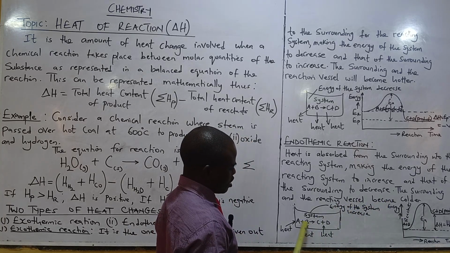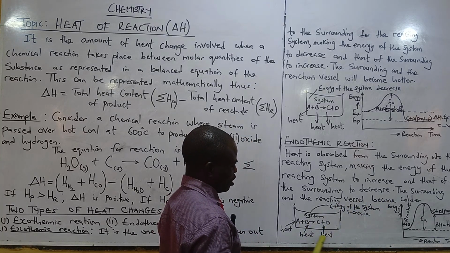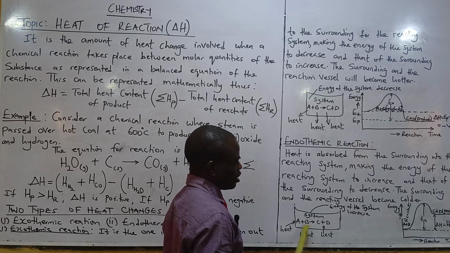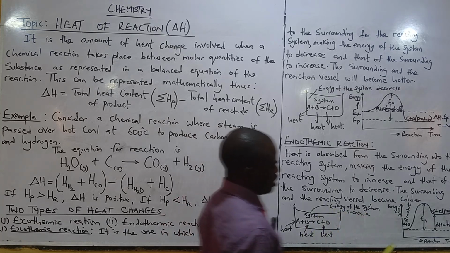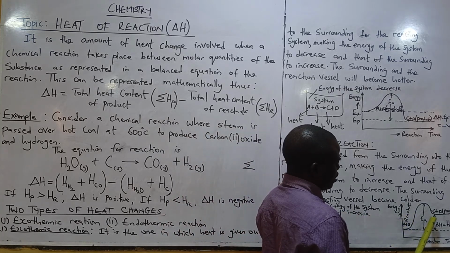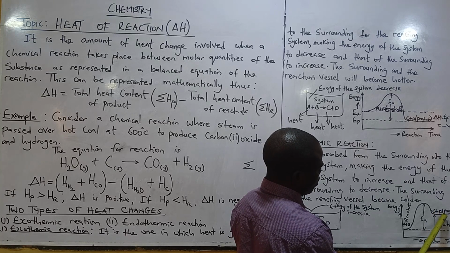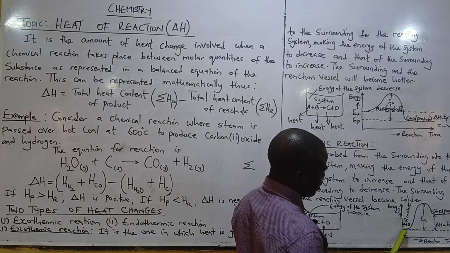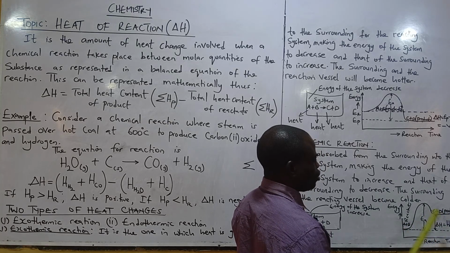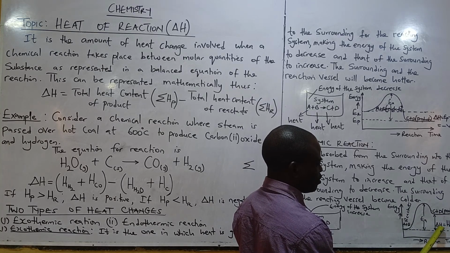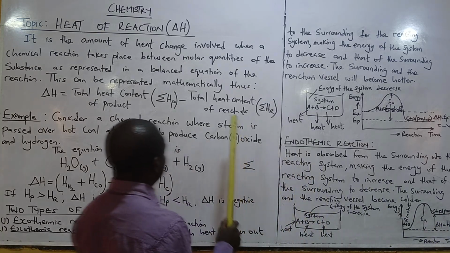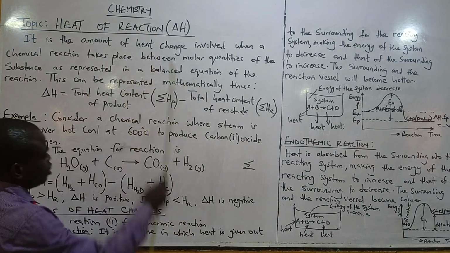You can see it. System A plus B gives us C plus D. It's absorbing heat from the surrounding. Energy of the system increases. Let's see the graph. In this case, the product line is greater than the reactant, and you know that we are going to get the delta H, the change in the energy.